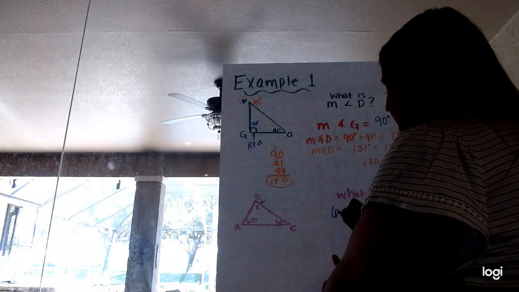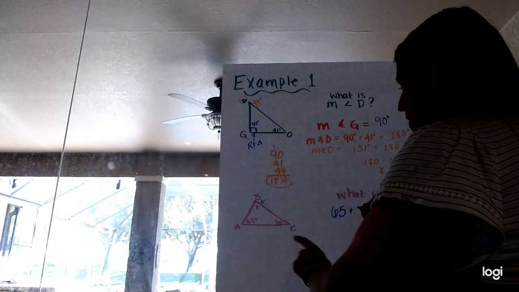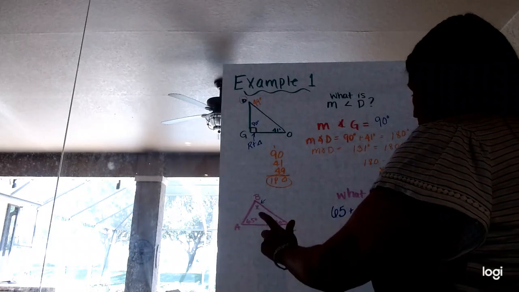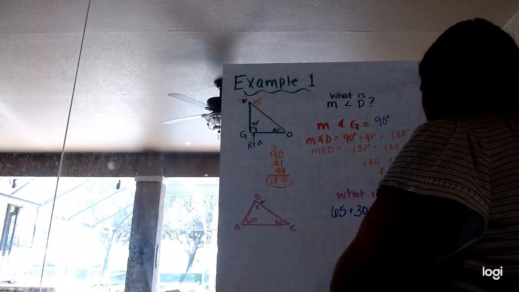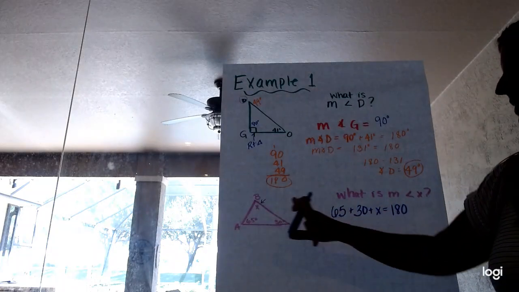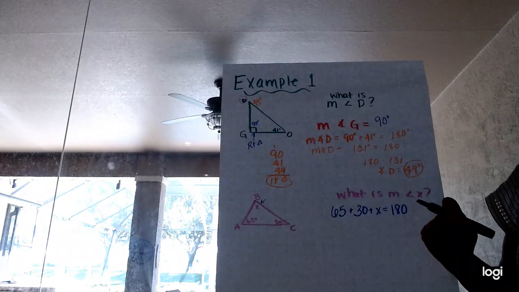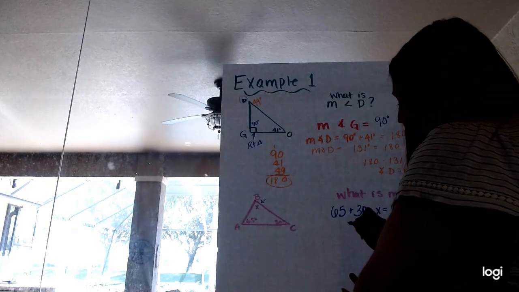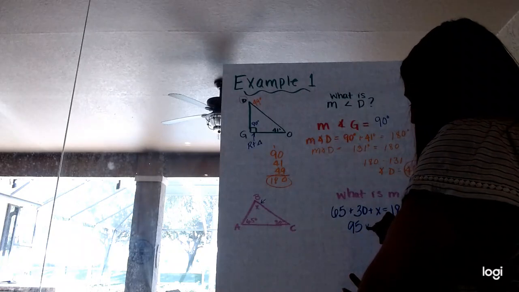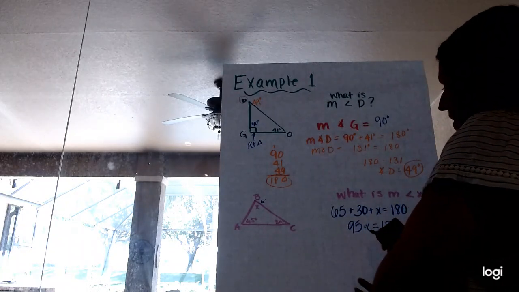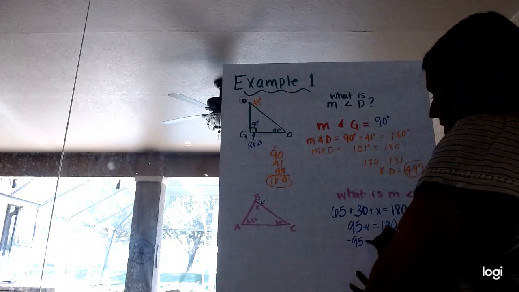So I'm going to say 65 plus my 30 plus my unknown, so I'm going to call it X, is 180 degrees. This plus this will give me 180. So 65 plus 30 is going to give me 95 plus X is 180. How am I going to find my X? Just subtract that 95.